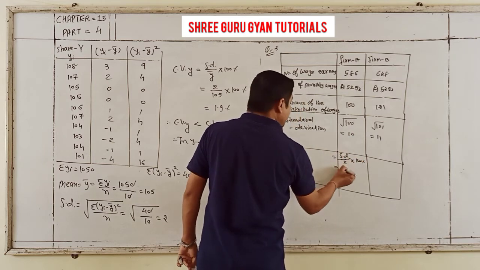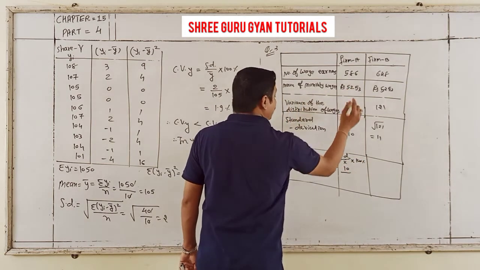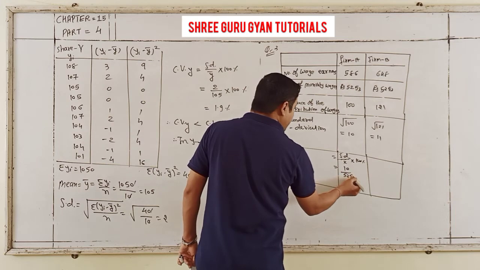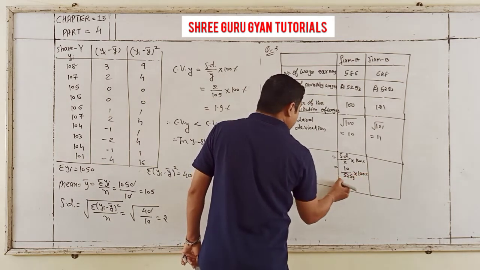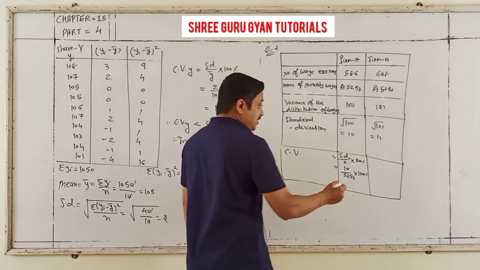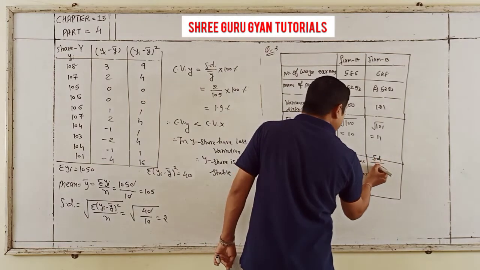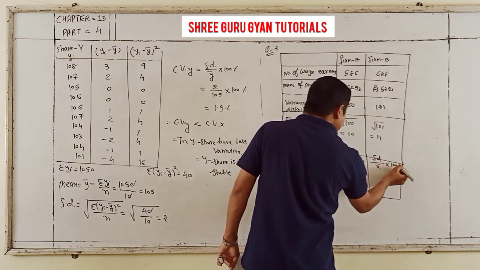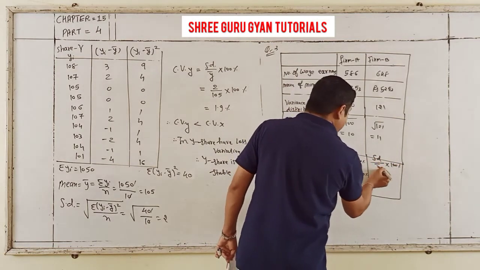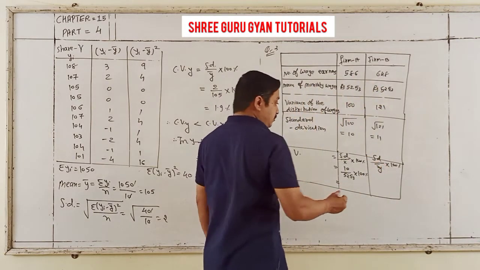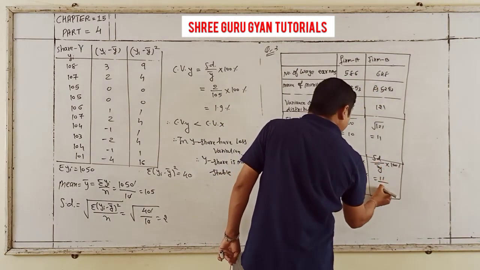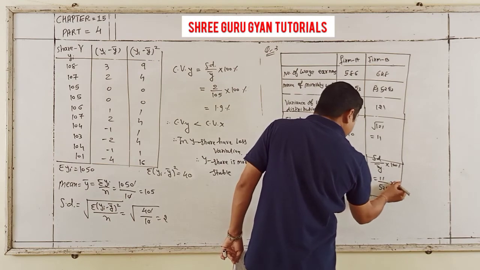My SD is 10, X bar is 5253, into 100%. That gives my first answer. Similarly here, SD by X bar into 100%, writing Y bar here. SD is 11 by 5253 into 100%.